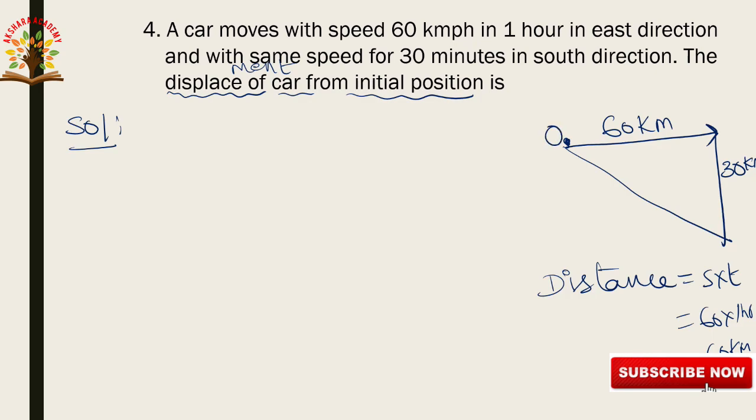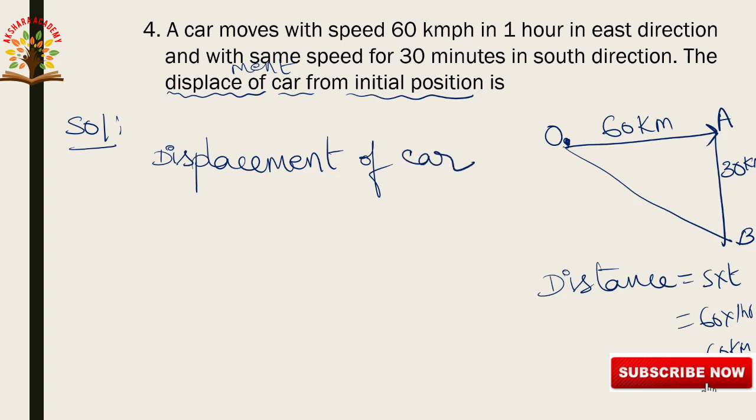Suppose, for example, OAB. Here you have to calculate OB. Displacement of the car is, from the Pythagoras formula, OB square is equal to OA square plus AB square, which is the square root of OA square, that is 60 whole square, plus AB square, that is 30 whole square.